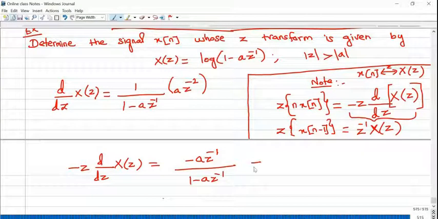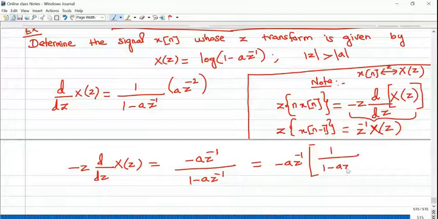Or we can rewrite this expression as minus a z inverse times 1 divided by 1 minus a z inverse. The reason is that 1 divided by 1 minus a z inverse is the Z transform of a power n u of n. That's why I have rearranged it.